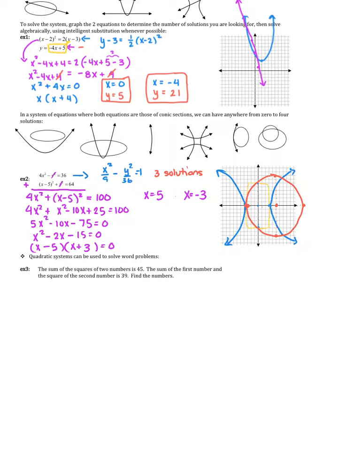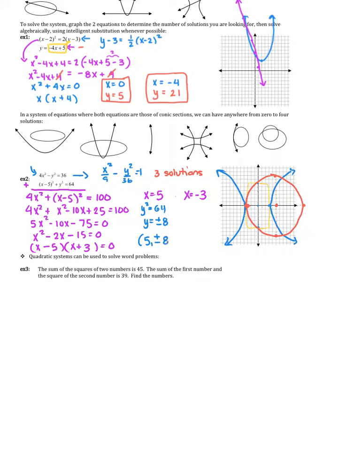So when x is 5, and here again you can go back and plug it into whatever works. I'm going to plug it into the first equation. So if x is 5, I've got 25 times 4, which is 100 minus y squared, so y squared is going to be 64, which means y will equal plus or minus 8, which shows on our graph.